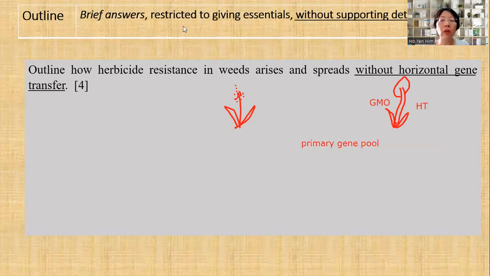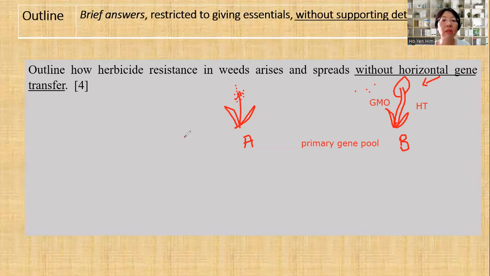Horizontal transfer means what? Transfer between different species. Okay, this species A and this species B. Because of wind pollination, the wind can blow and then the pollen can spread to them and pollinate the flower here. And then after pollination, the flower will become fruits. The fruit contains the seed.